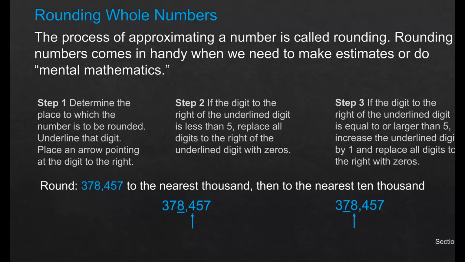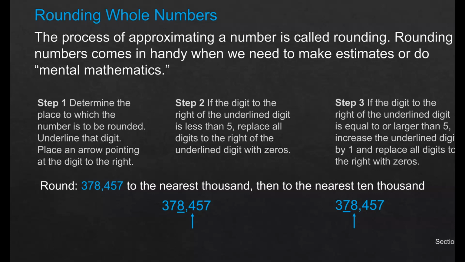Okay, so here's a little method for rounding. I know a lot of times students won't take the time to do this method, and I understand that, but on the other hand, making mistakes is not the greatest way to go either. So does it take very long? I don't think so. What I like to do is underline, like on this number here, 378,457. We're going to round it to the nearest thousands place.